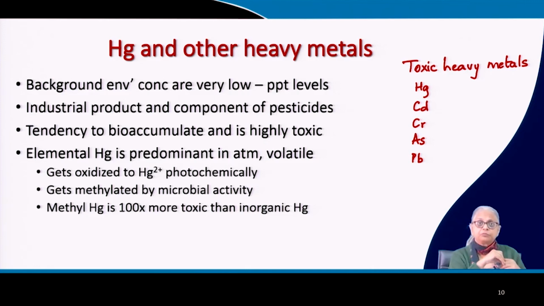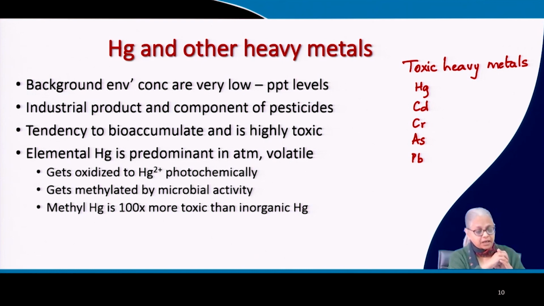Because the boiling point of mercury is much lower, it rises along with the flue gases. It goes into the atmosphere. It's a volatile compound at the temperature of the flue gases, and it's emitted into the atmosphere. So that is the reason why elemental mercury is predominant in the atmosphere.